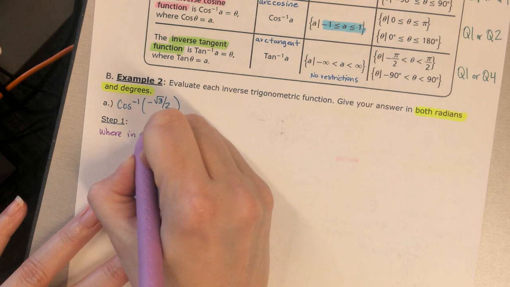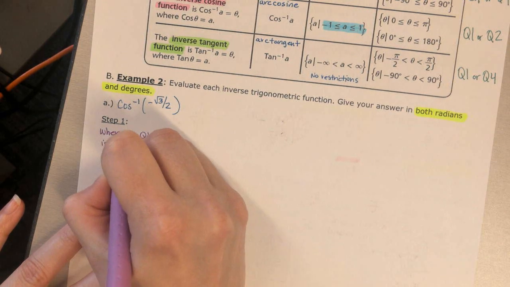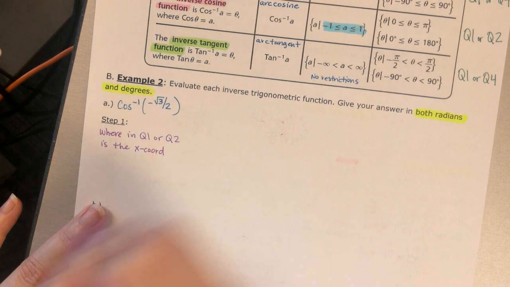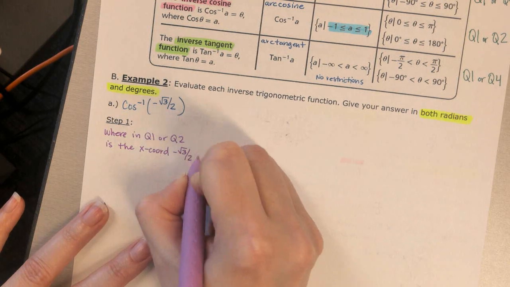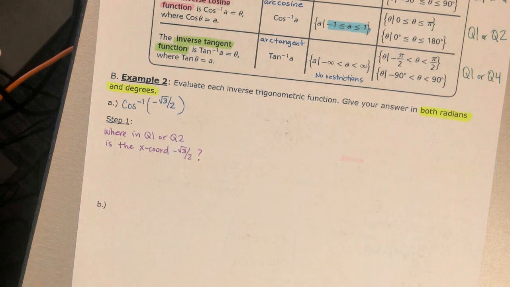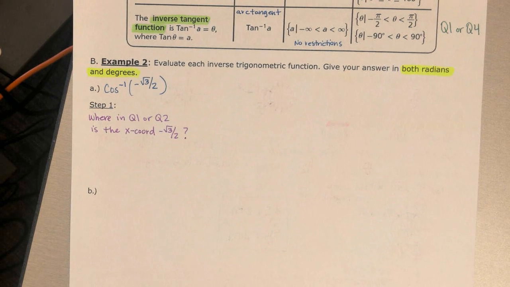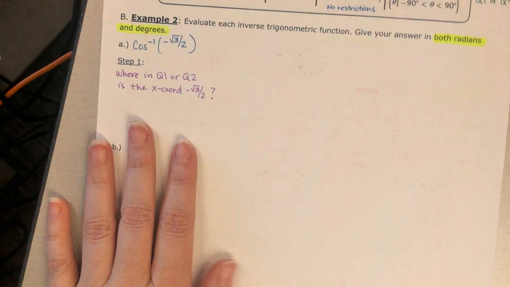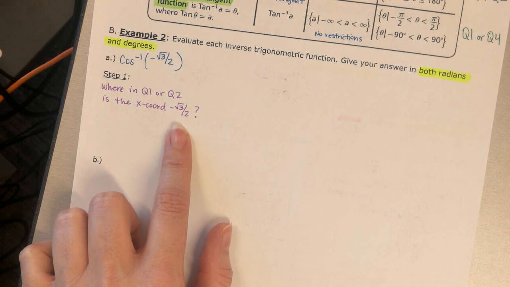So where in Q1 or Q2 is the, and remember cosine is the x-coordinate, where is the x-coordinate negative root 3 over 2? Like I said, if you had your unit circle, that would be super simple. You would just look at your points and see which one in quadrant 1 or quadrant 2 has an x value of negative root 3 over 2.